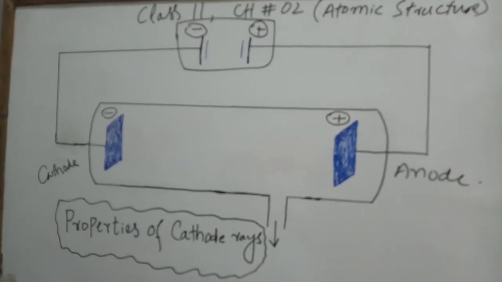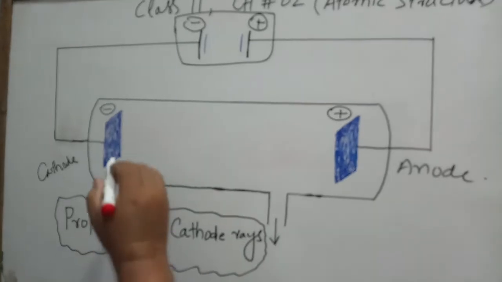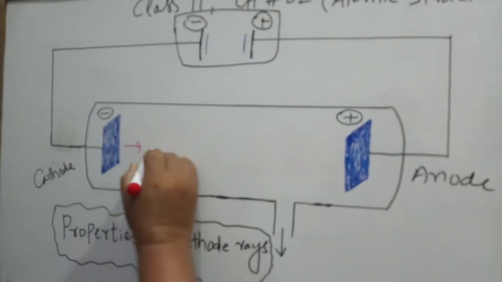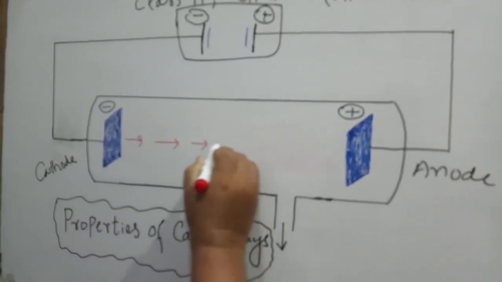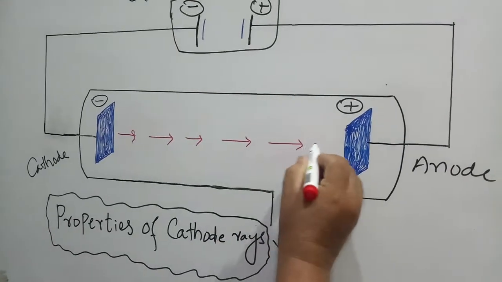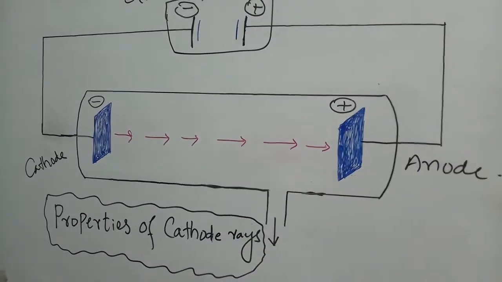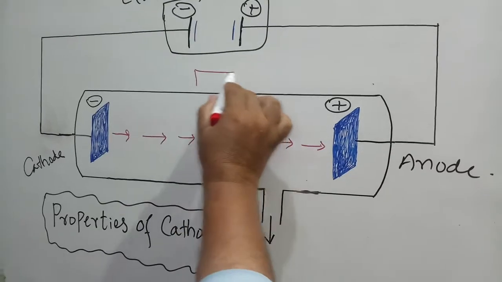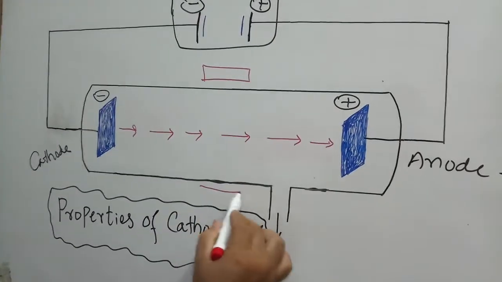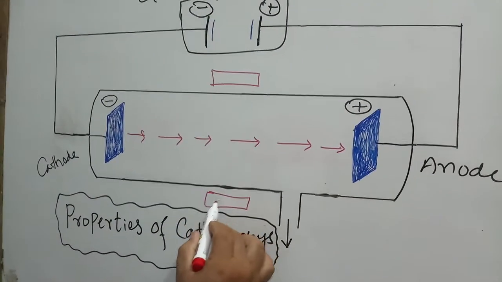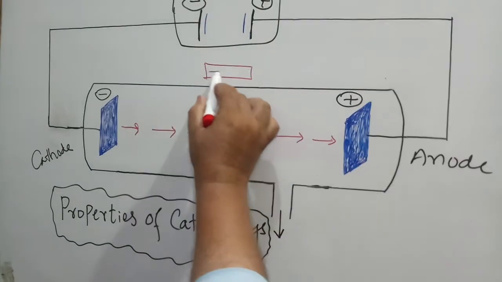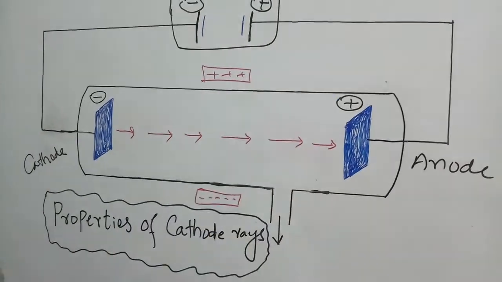Cathode rays were rays originating from the cathode and traveling towards the anode. An electric field was applied perpendicular to this path. One plate was negatively charged, the other positively charged.